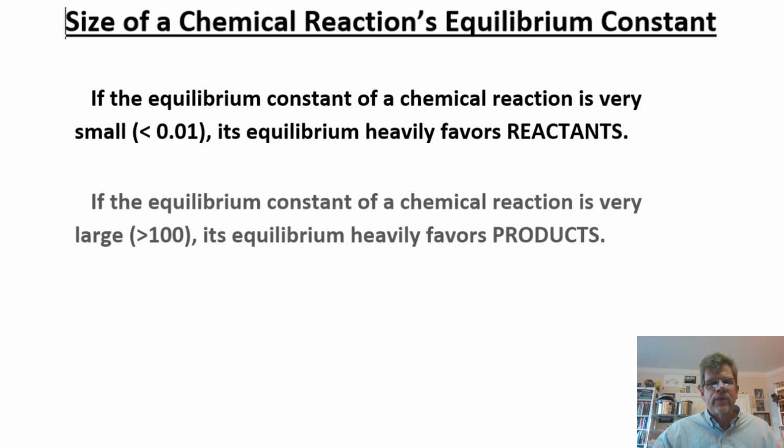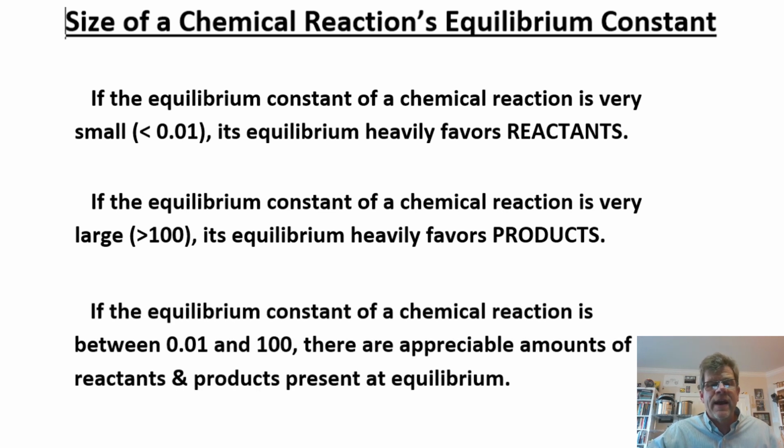On the other side of things, if an equilibrium constant of a chemical reaction is very large, and I am putting the goalposts for large at greater than 100, its equilibrium heavily favors products. And anywhere between 0.01 and 100, the rest of that number line, means that there are appreciable amounts of reactants and products present at equilibrium.